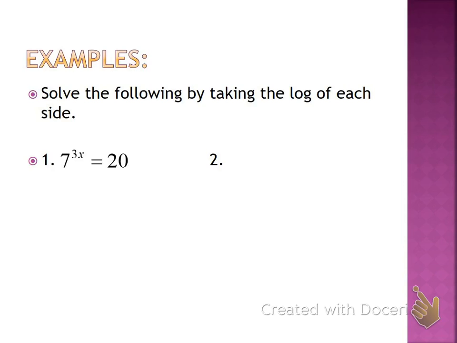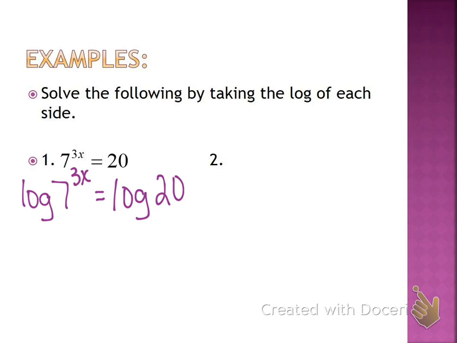Solve the following by taking the log of each side. So they even told us what our first step should be. We are going to take the log of each side. So log of 7 to the 3x equals log of 20.